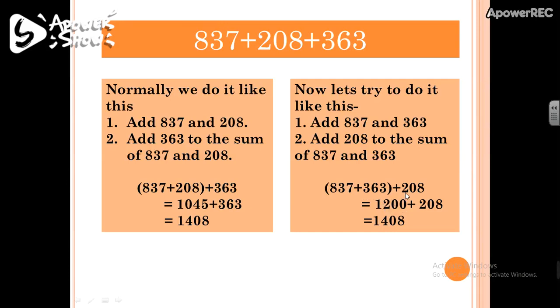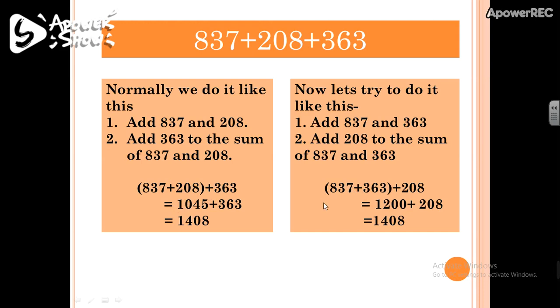Now we add the third number 208, and we get 1408. So in both cases the answer is the same. The only difference is, in the first one we are grouping 837 and 208 together, and in the second one we are grouping 837 and 363 together.